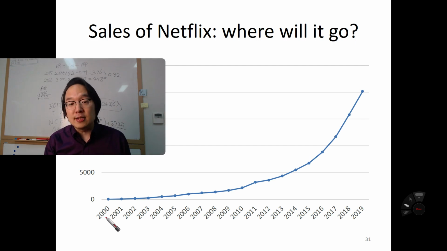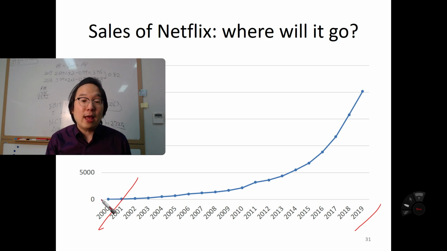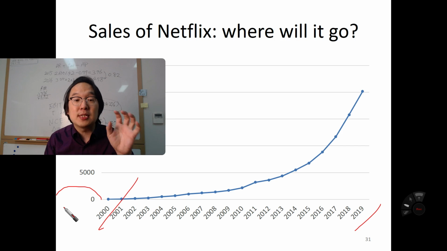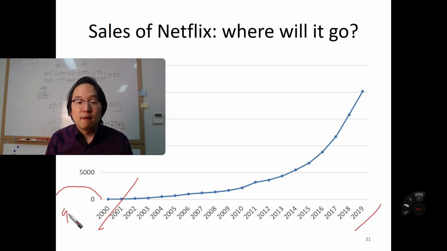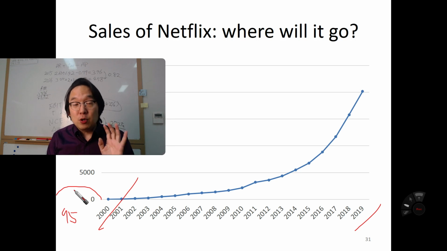So their sales are shown ever since 2000 to 2019. You said it was established in 1995. Why don't we have sales figures from 95 all the way up to 99? This period is missing because when you are a private company, you don't have a chance to disclose your sales. Nobody pays attention to you.